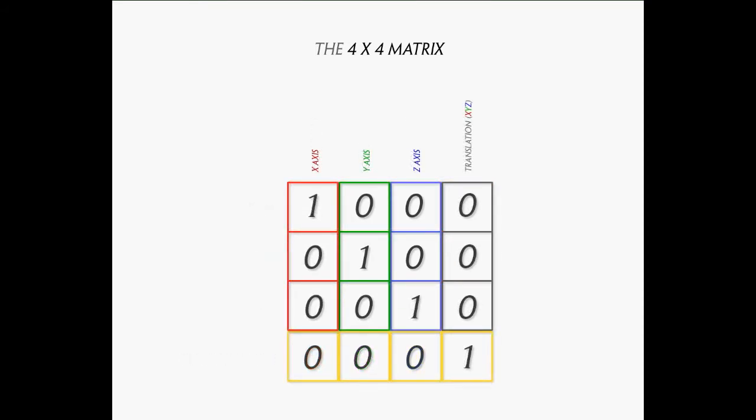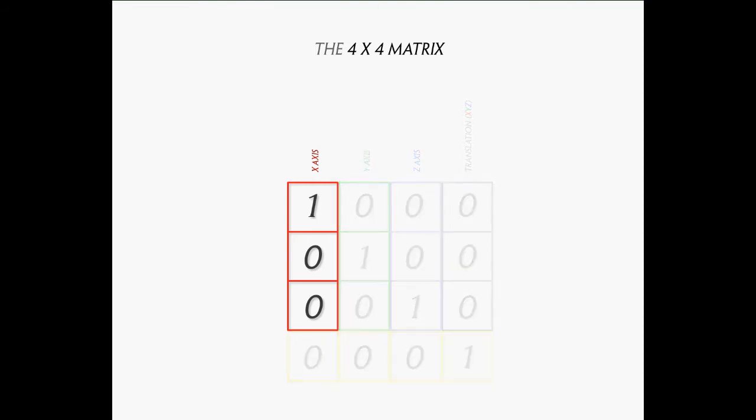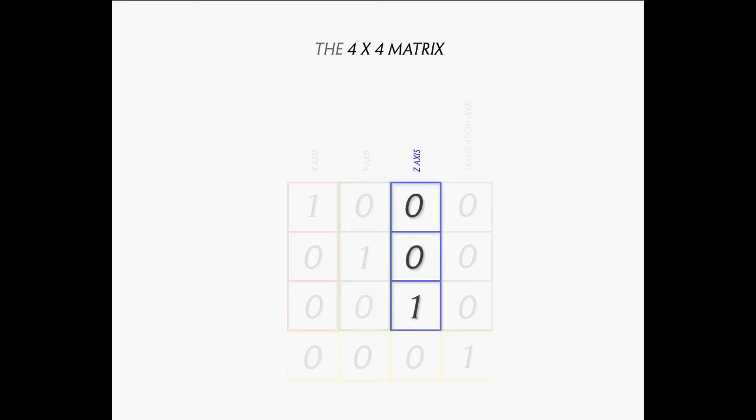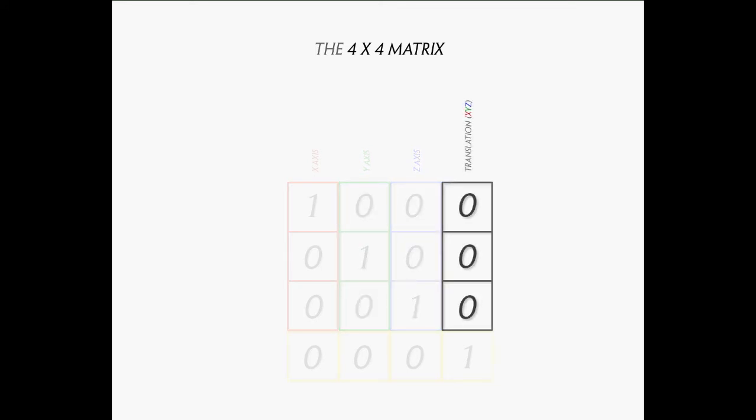So the first column contains the data about the x-axis, the second column represents the y-axis, the third column represents the z-axis, and the fourth contains the translation information.